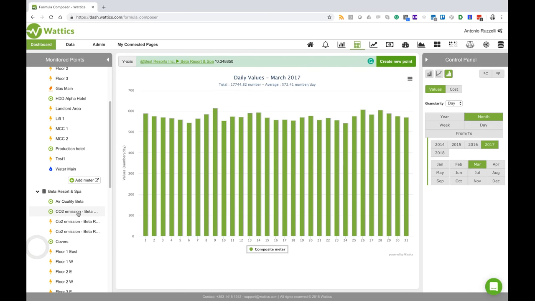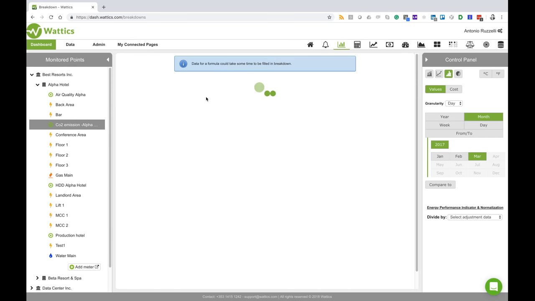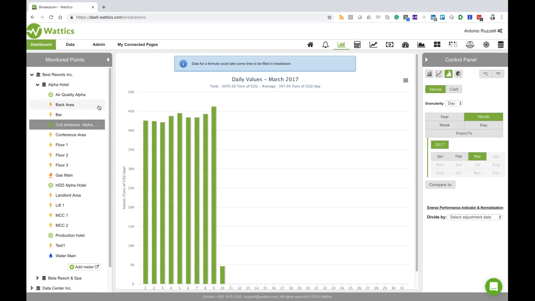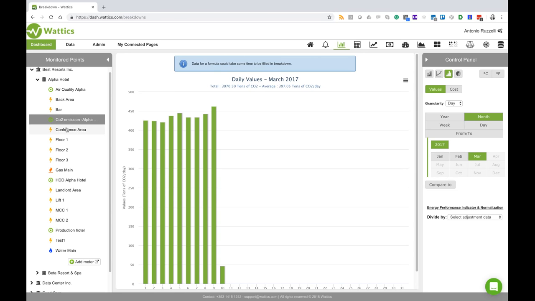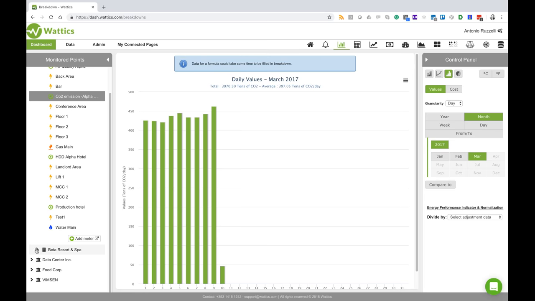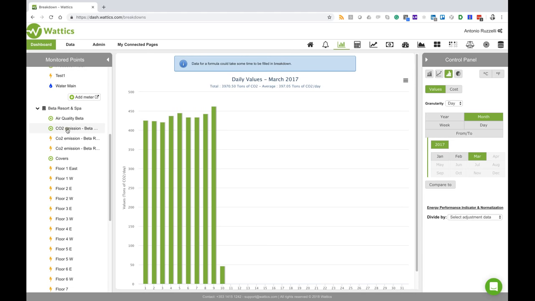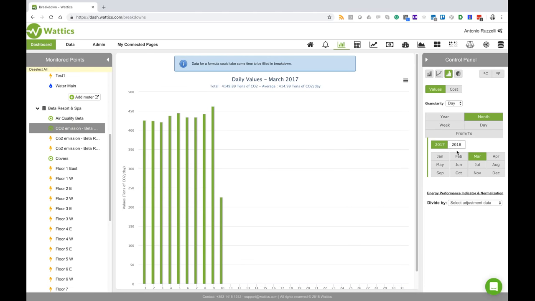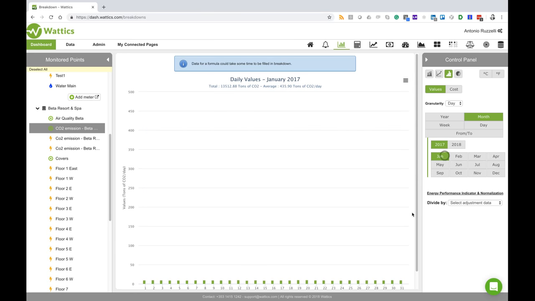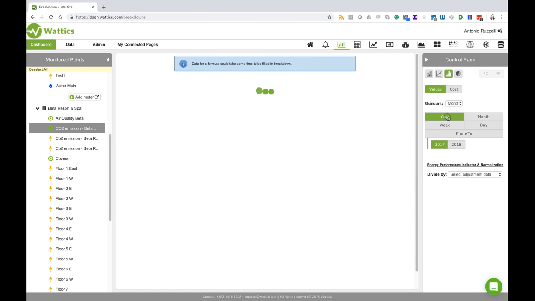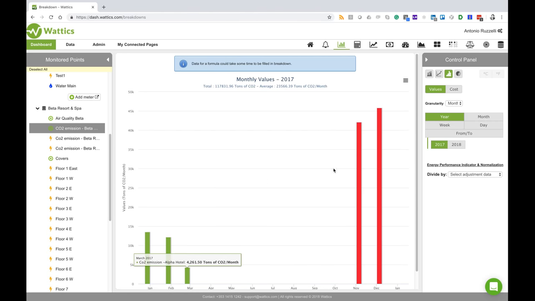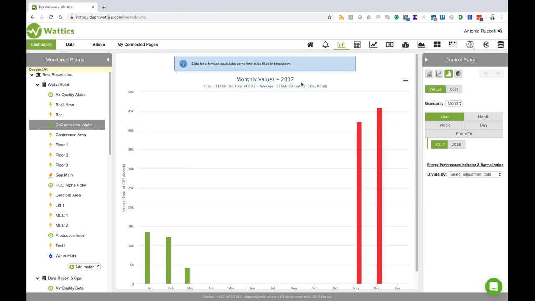We have the CO2 emission for Beta, and now if you want to compare, for example, Alpha and Beta CO2 emission, you can go to your breakdown tab, and you have here the CO2 emission for Alpha. You can click here and compare with the CO2 emission for Beta, and we can go back, for example, to the yearly view, which shows the Alpha and Beta CO2 emissions in those given years.